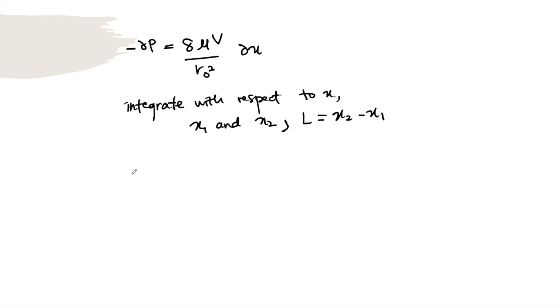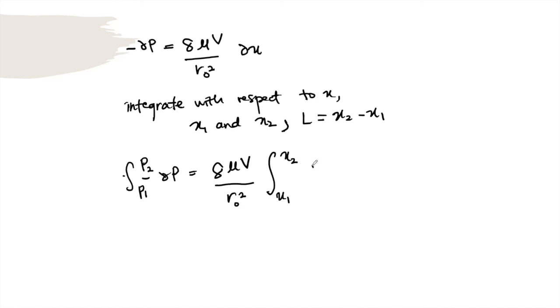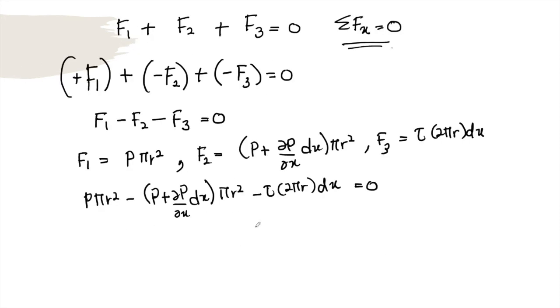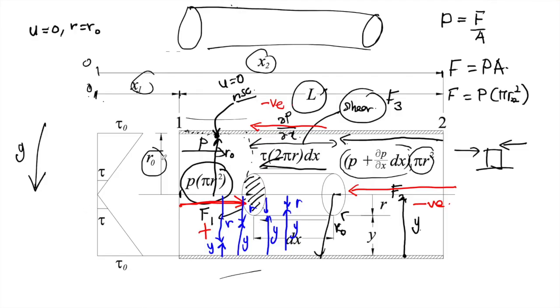Integrating p1 to p2 of negative del p, then we have 8 mu v over r naught square, integrated from x1 to x2 of del x. Since d equals 2r naught, the diameter of the pipe is 2r naught.